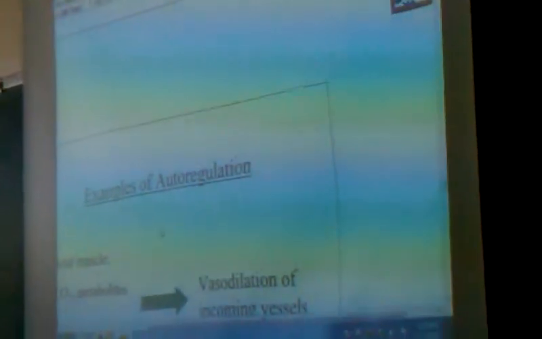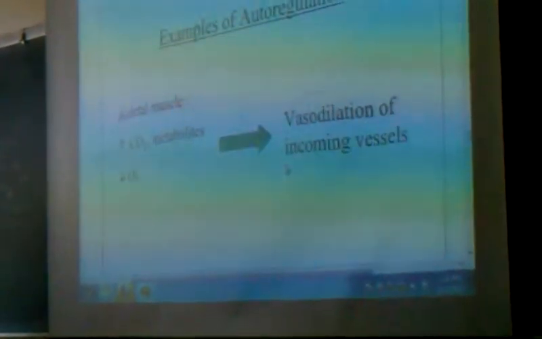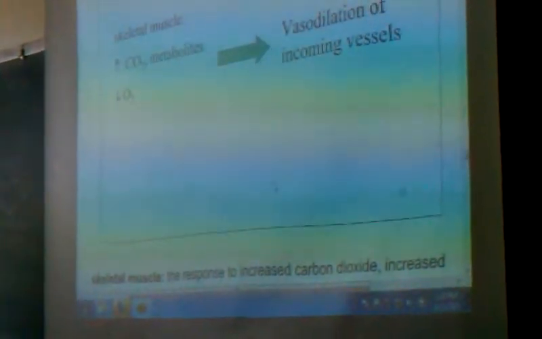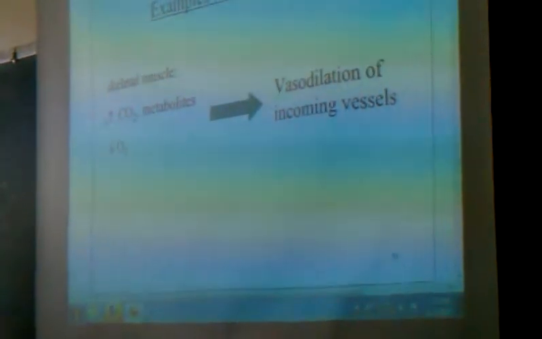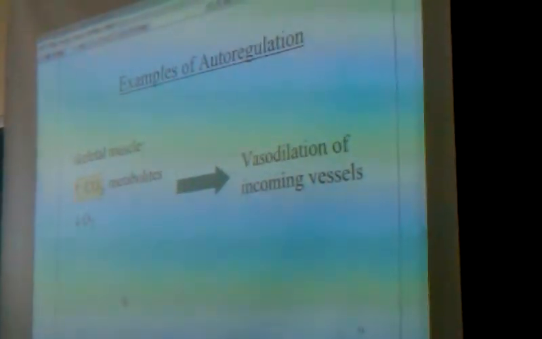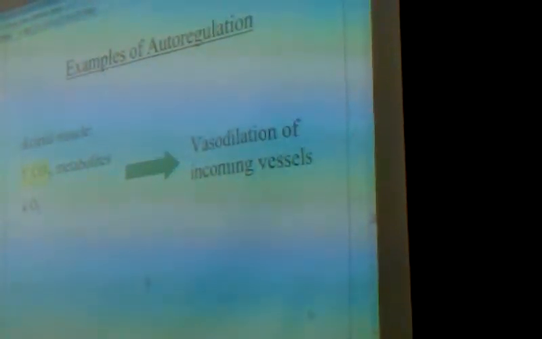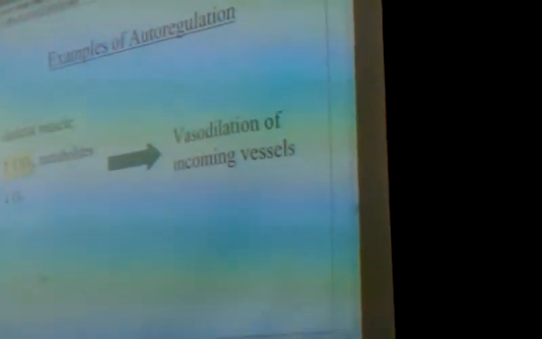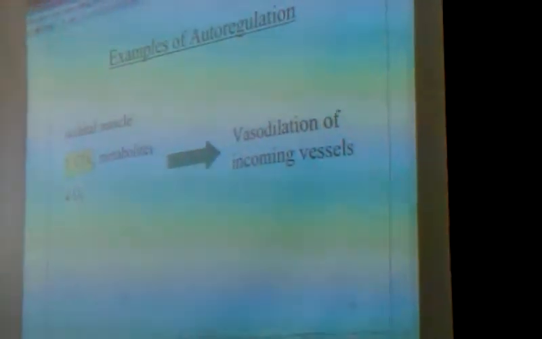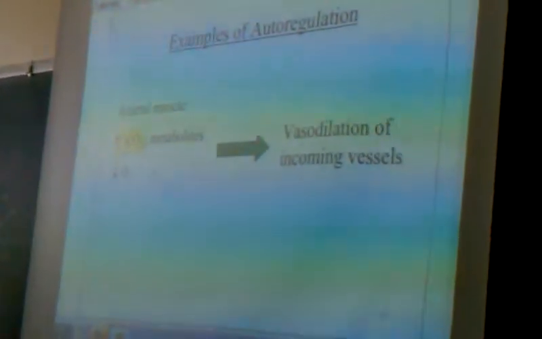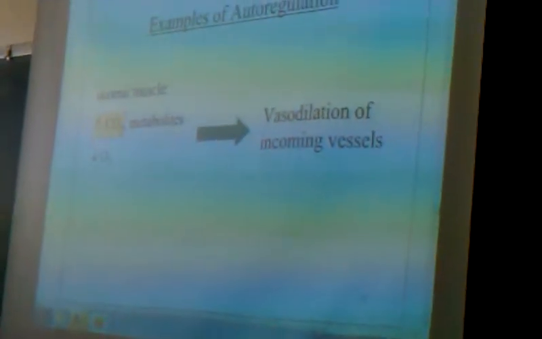All this blood regulation. I do want to show you some of the things that happen when there's a buildup of, for example, carbon dioxide. If your muscles are using up oxygen and glucose at a fast rate, and your blood supply isn't bringing in enough oxygen and glucose, then the metabolites will build up.